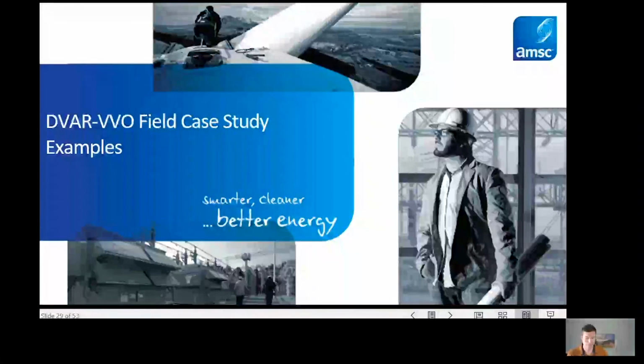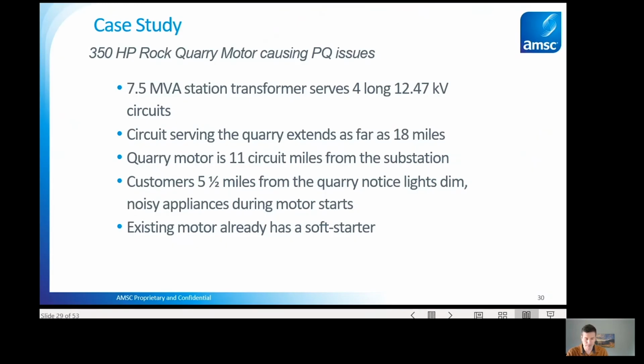The last portion of our motor starting deep dive webinar is to share some case studies with you. These case studies are based on actual installations of the DVAR VVO distribution class STATCOM. The first study we'll show is a rock quarry that was causing power quality issues.